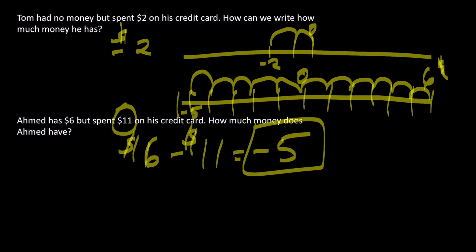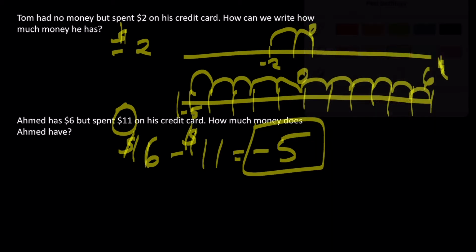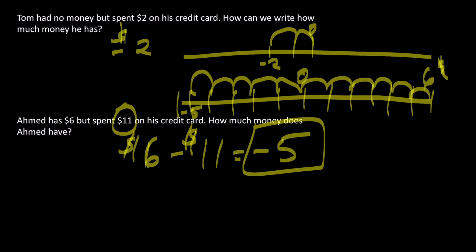Now, the big misconception and trouble that people have, sometimes they'll get a brain block with this, is oftentimes when you're younger and all the way through school until now when you're dealing with integers for the first time, teachers will tell you you always need to write the larger number first, and they will write it like this, and then we'll do it backwards.